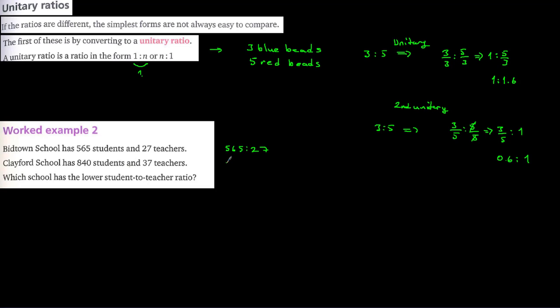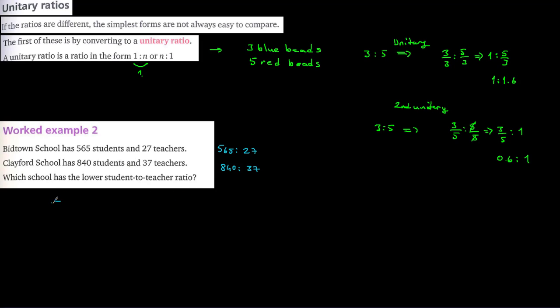In the second school, the ratio is, I'm going to use a different color for this one, not to mix with the other side. So 565 to 27 is the first one, and the second one is going to be 840 to 37. Since it is important for me to learn how many students per teacher, I'm going to divide both ratios by the number of teachers.